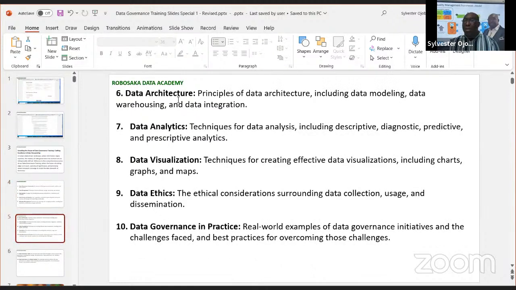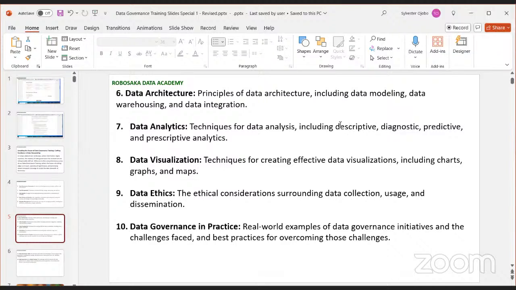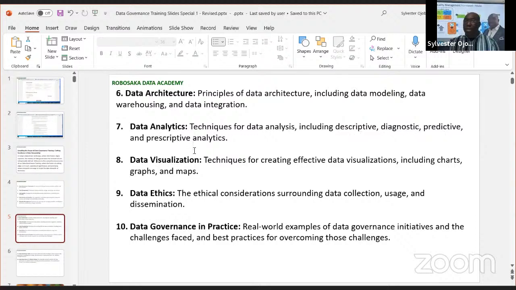We have talked about data architecture, which includes principles of data architecture as a foundation. You remember? We talked about warehousing and integration of data. We also talked about data analytics. When we mention descriptive analytics, we talk about historical, diagnostic, predictive, and prescriptive analytics.